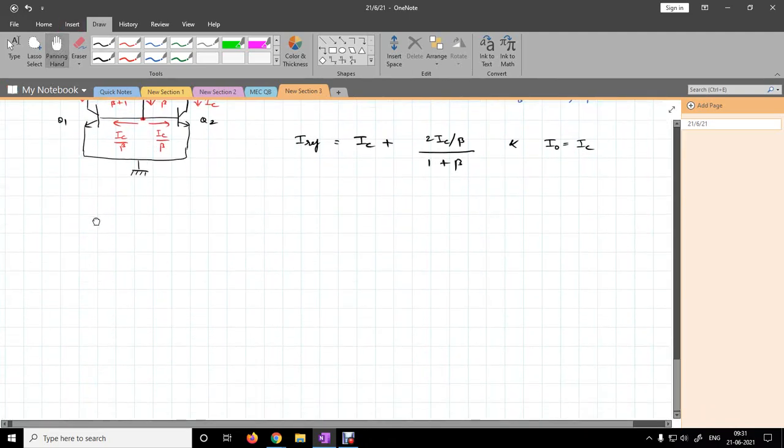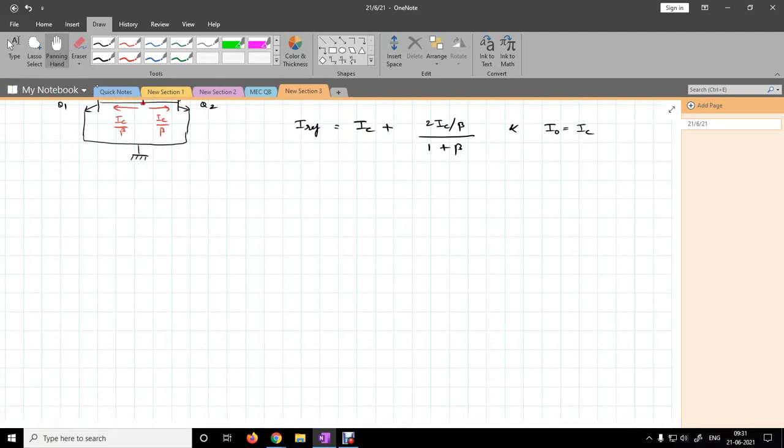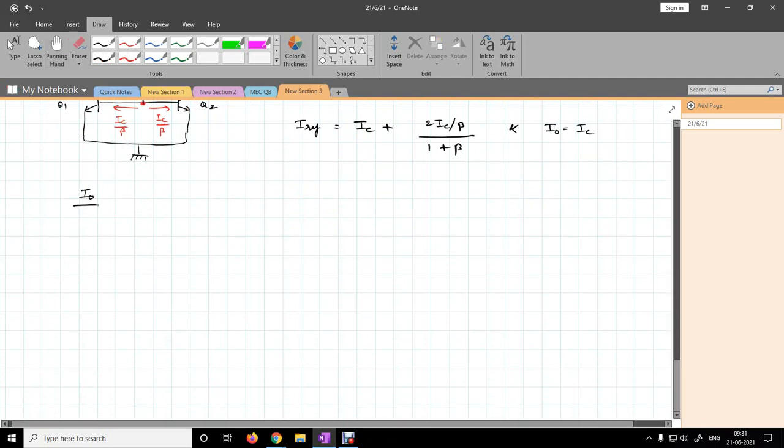I'll derive the ratio of I naught by I reference. All right. So I naught by I reference is equal to IC divided by IC into IC plus 2 IC by beta divided by 1 plus beta. Okay. So from this I can get 1 divided by 1 plus 2 by beta plus beta square. Okay.